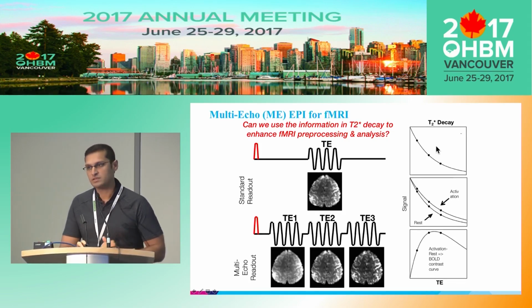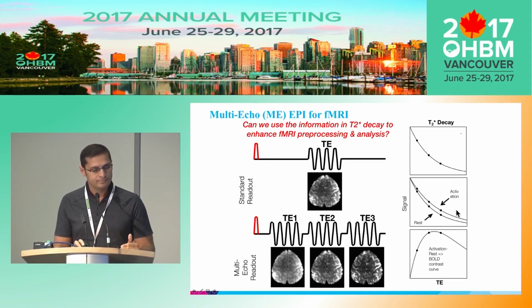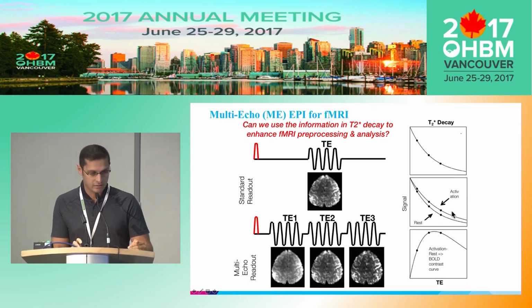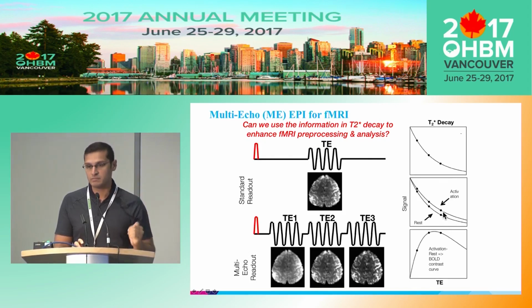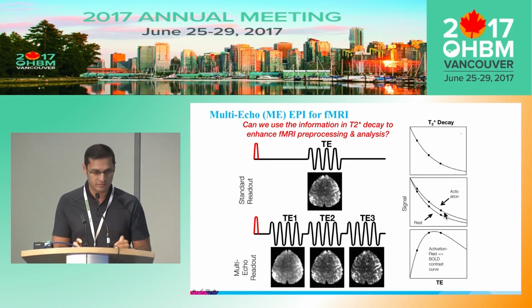It also might have a sinc decay, but this is good enough for what we want to talk about. When you have an activation and an inflow of oxyhemoglobin, your magnetic field in your voxel stabilizes. The decay then slows down, and so a measurement at any given echo time shows you a bigger signal because the decay is now slower, because there's oxygenation in the voxel stabilizing the field.